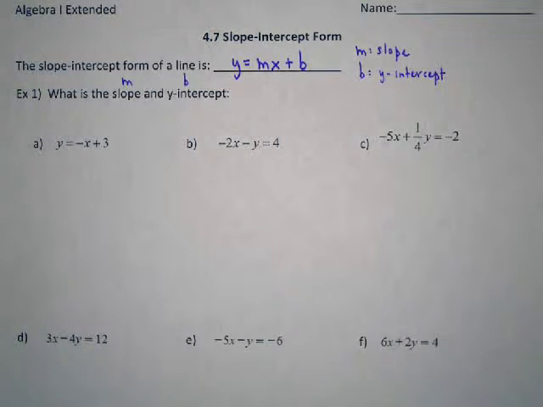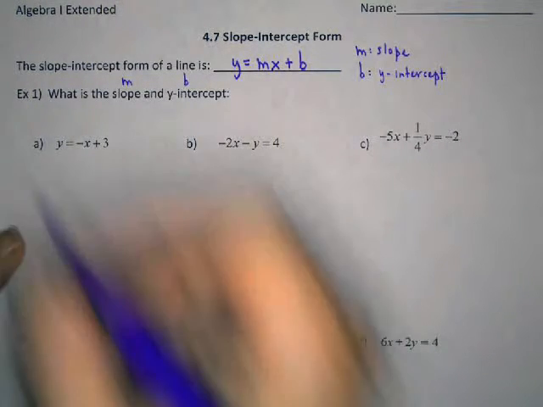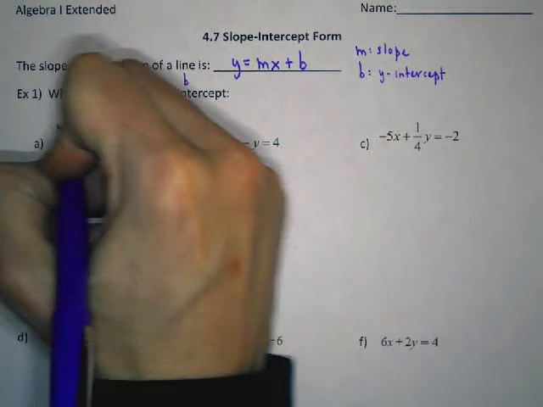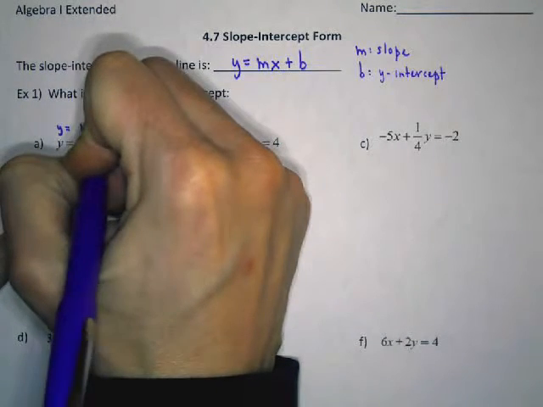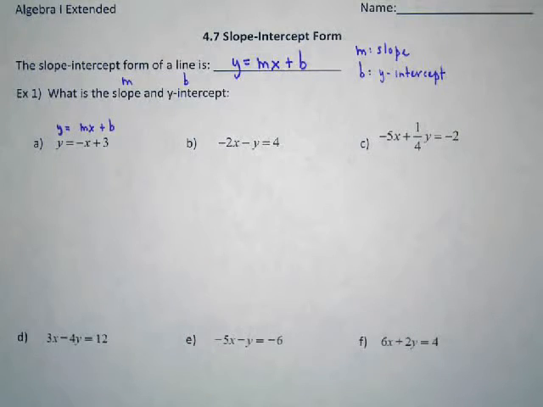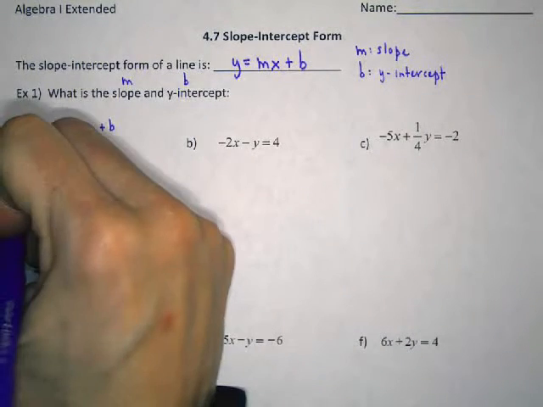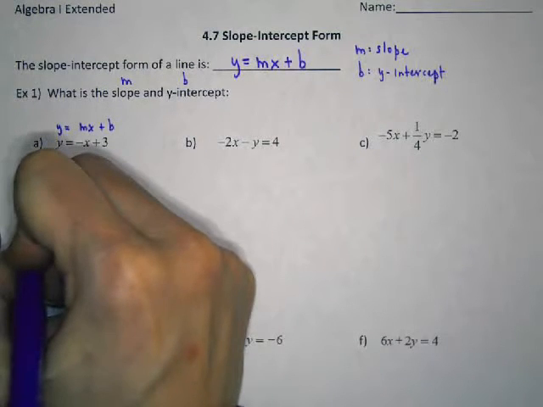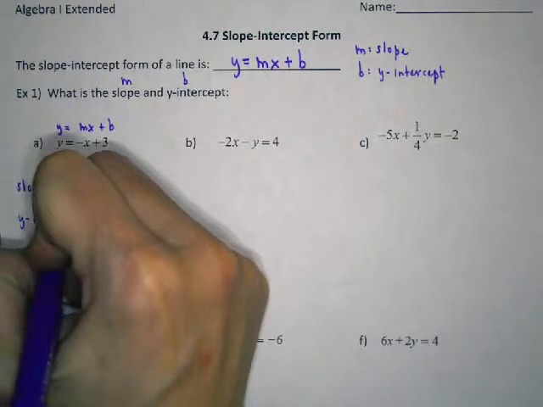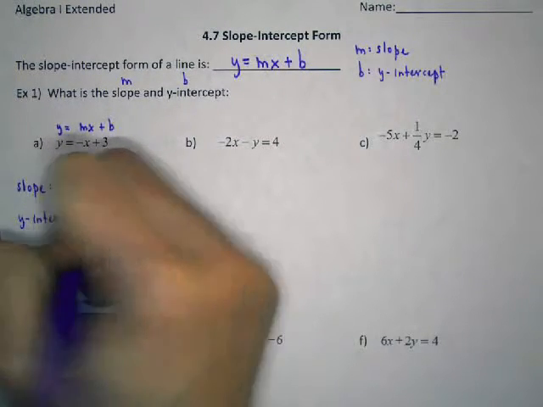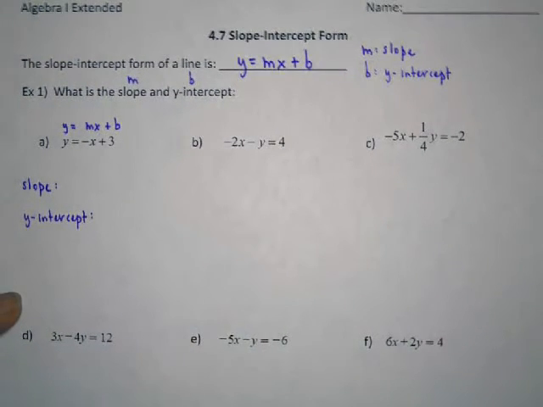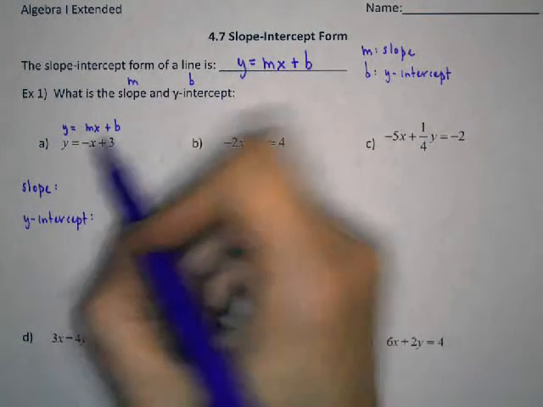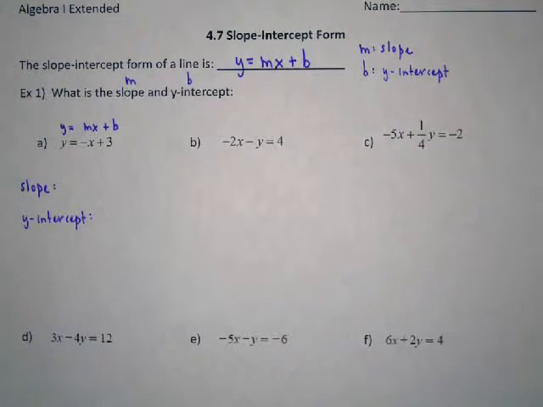So in part A, this is actually a really nice equation because this is already in slope-intercept form. So now I just need to be able to pick out the slope and the y-intercept. So we said that the slope is the coefficient of x. It's the number in front of x.